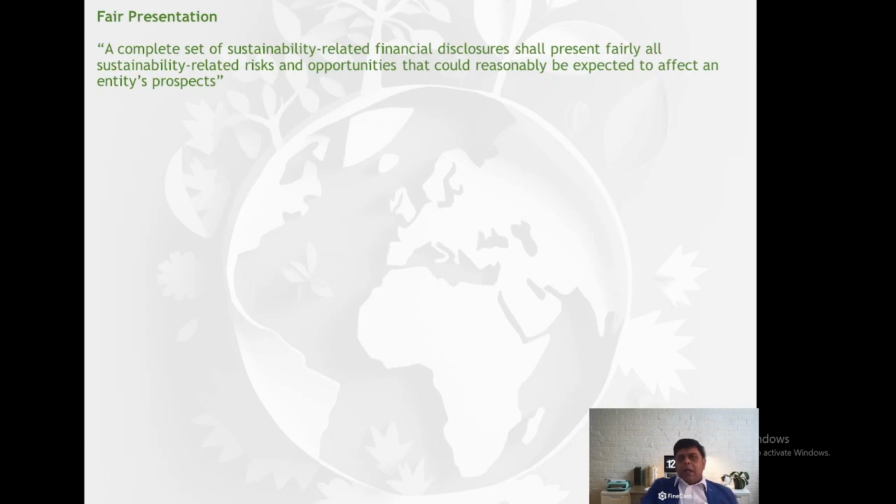In order for information to be fairly presented, there are some elements to it. If those elements are there, we can say that information is fairly presented. What are those elements? Let's discuss. There are basically two main elements, and then there are subcategories, or sub-elements, to it.